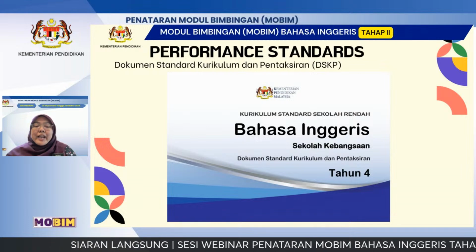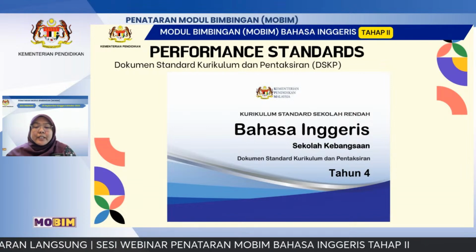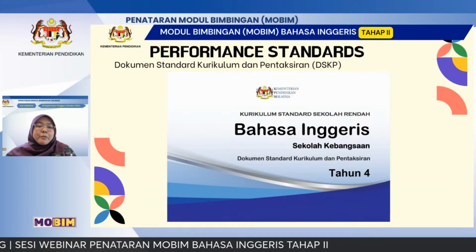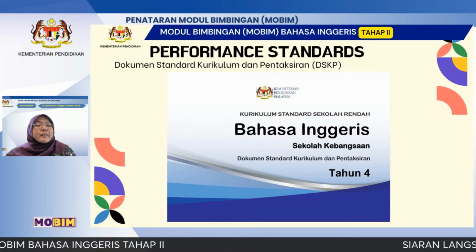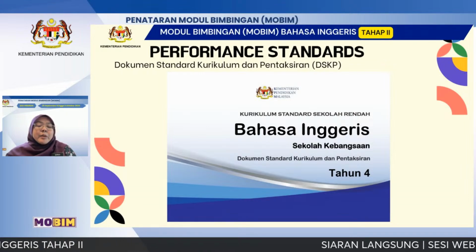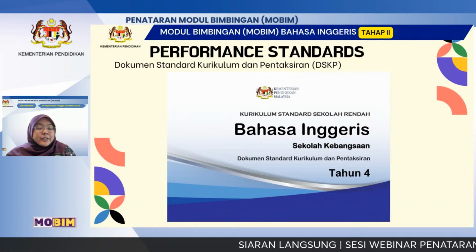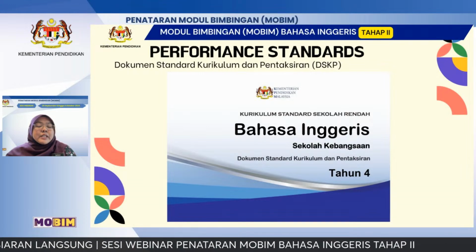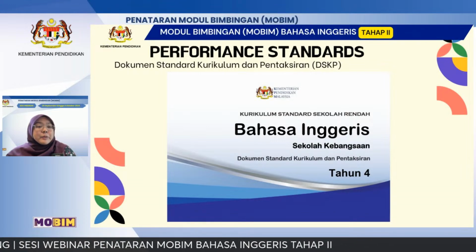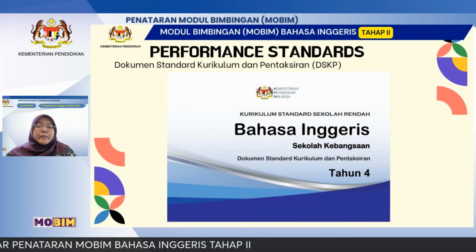Like the one I have displayed here on the screen, this is the DSKP for Year 4 English. And like all the other DSKPs, it provides the content standards, the learning standards, and the performance standards for each of the four skills: listening, speaking, reading, and writing.